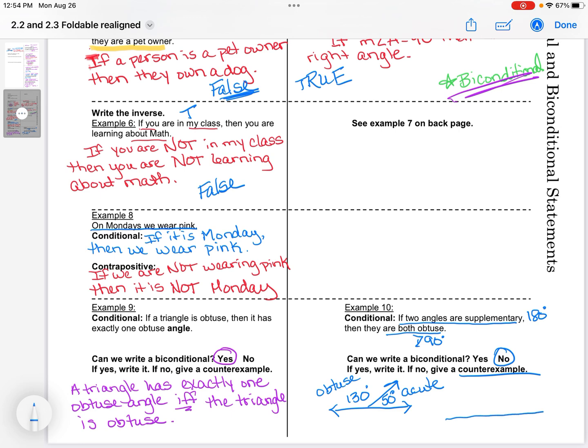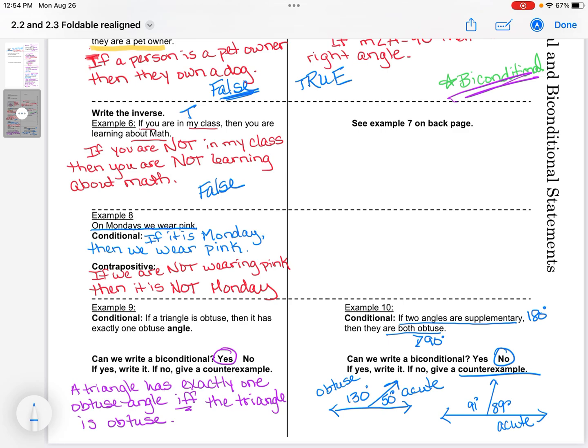Even if I got to the smallest obtuse angle I could make, right? This would have to be 91. Then this one would be 89. It's still the same thing. This one's still acute. So it doesn't work.